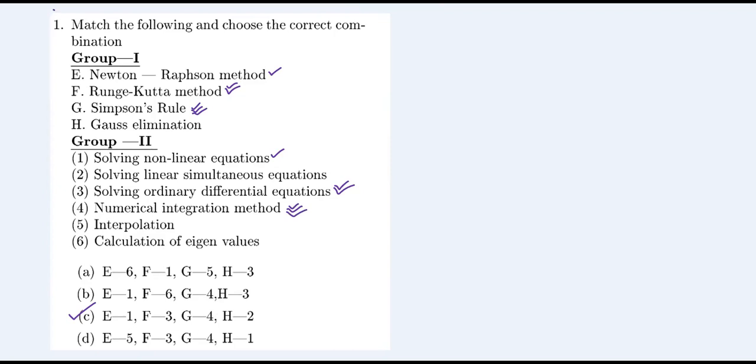So G maps to 4. Gauss elimination is used for solving linear simultaneous equations. That is H equal to 2. So this is 4th. Okay. Let's match the following. Now let's look at another one.